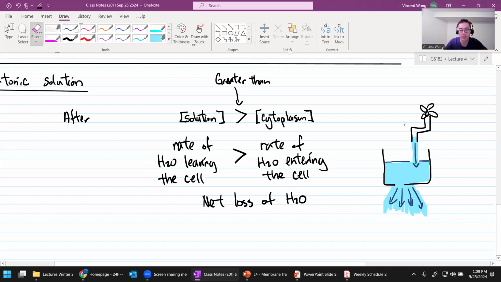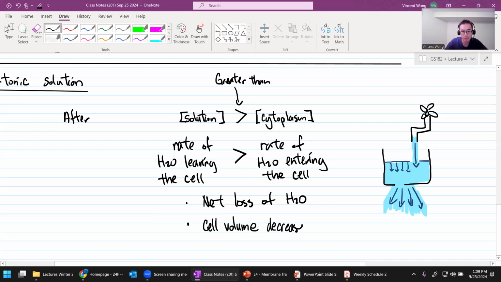Well, common sense should tell you that the water level is going to drop, right? So if a cell is experiencing a net loss of water, what's going to happen to its volume? Does it get bigger or smaller? So cell volume decreases. It shrinks, basically.